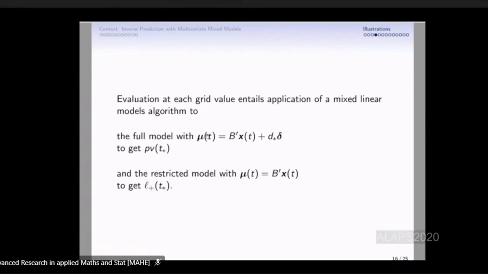The p-value comes from the full model as the p-value for the test that delta is equal to 0, and the likelihood comes from the restricted model. And so that's twice 176 runs of a general linear models procedure. So the computations do begin to add up.